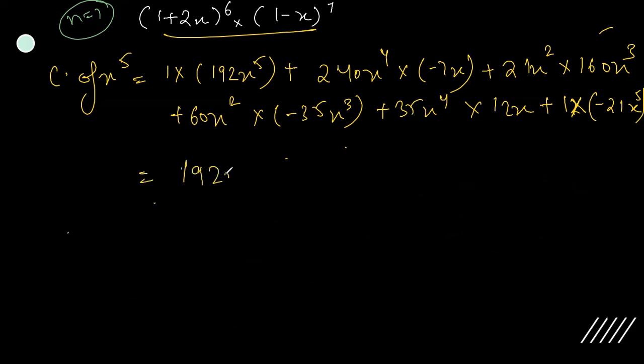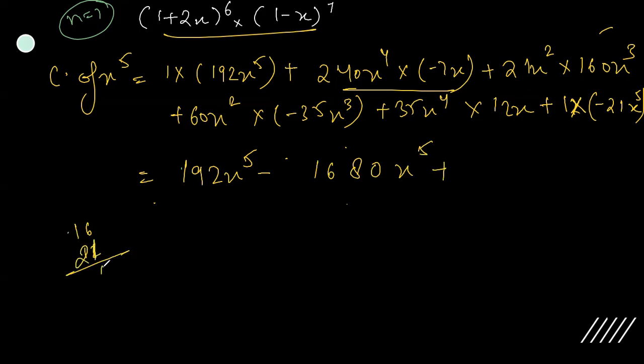So let's open the 5 plus. When you are multiplying this, the sign will get changed. So 7 times 0 is 0, 7 times 4 is 28, 7 times 2 is 14, and 60. Then plus 21 multiplied with 160, so 20 multiplied with 60 is 1200... so 3360 x raised to the power 5.